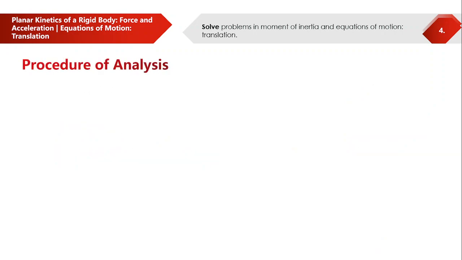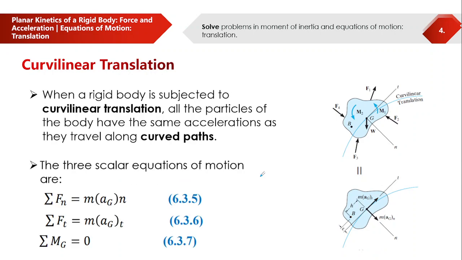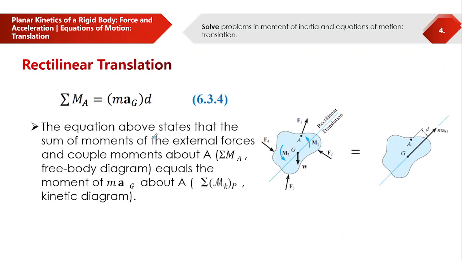Okay? So what will happen now? That's how you analyze the summation of moments at point B. There are two components, and unlike in linear translation, where there is only one line of action, you can directly equate the summation of all the moments about B as the mass times a sub g times the distance of the line of action, which is the rectilinear case, as we recalled earlier.